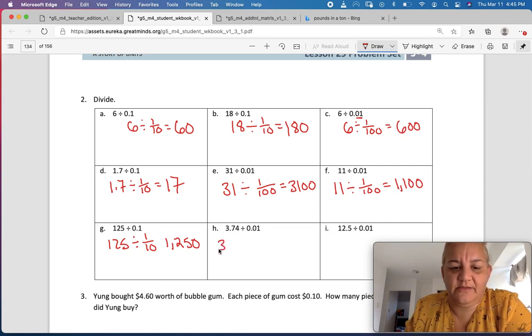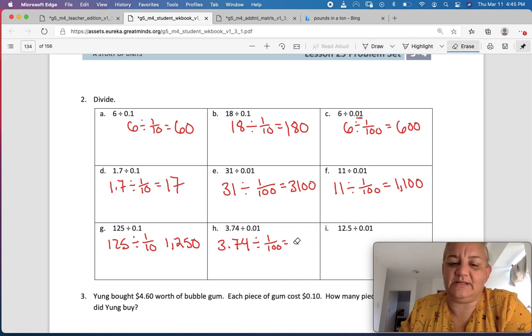Okay. 3 74/100ths divided by 1/100th. Okay. Well, it's going to go into 3 wholes 300 times, right? So I'll just write the 3. Well, here.